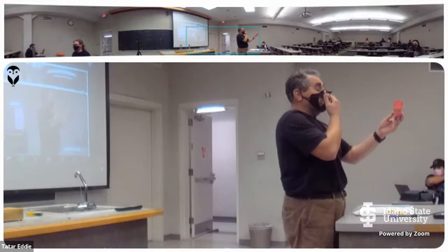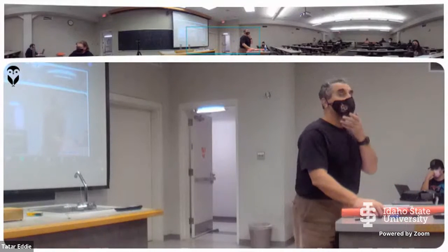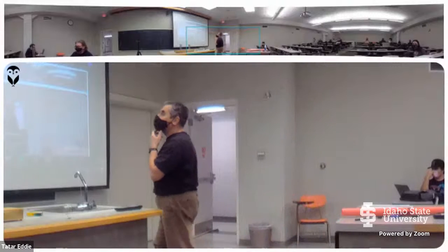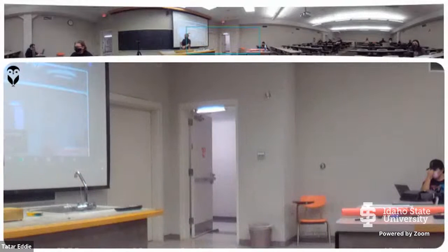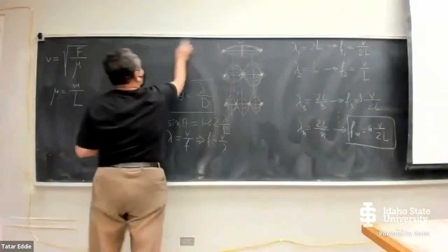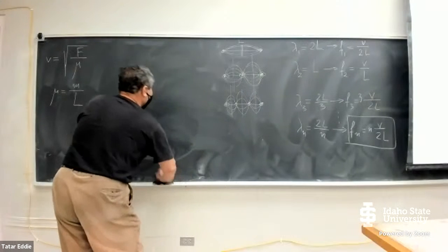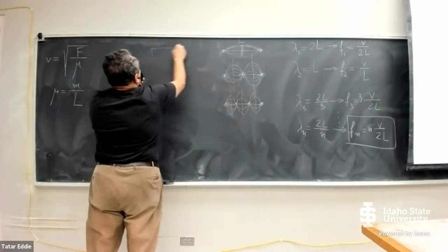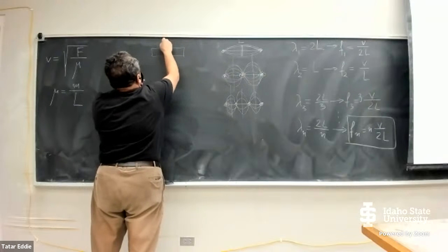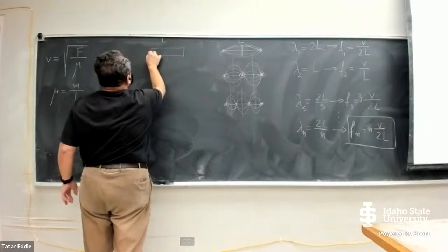For sound waves in a pipe with 2 open ends, the first stable interference pattern, the first stable pressure pattern, the first harmonic, looks like this. So here is the pipe with length L. The first stable interference pattern looks like this.